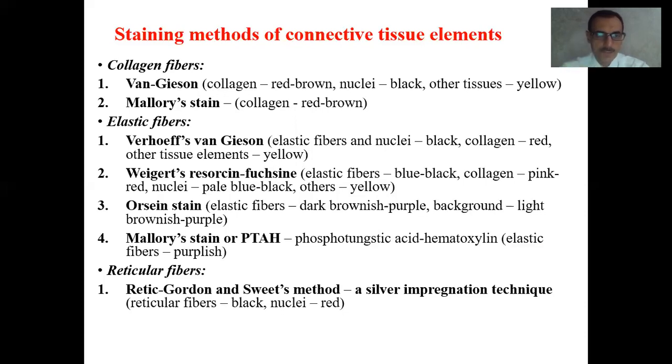This is similar to the Van Gieson method. With Weigert's resorcin fuchsin, the elastic fibers stain blue-black, collagen pink-red, nuclei pale blue-black, and other structures yellow. With the Orcein staining method, the elastic fibers become dark brownish purple, and the background light brownish purple.